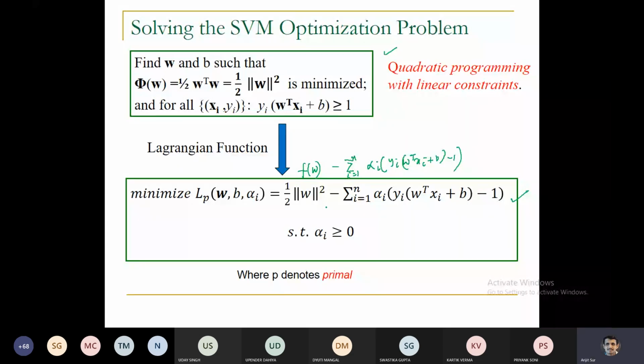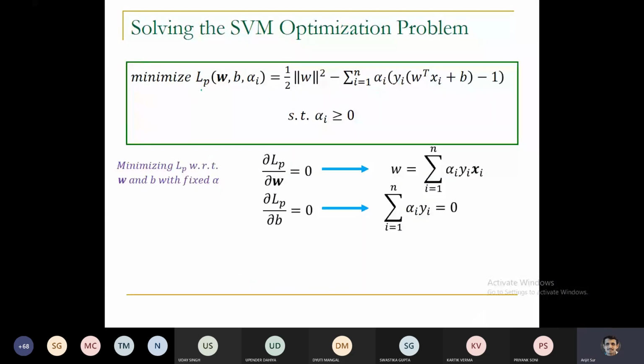Okay. So if you have any question or any doubt, you can ask. Now we minimize L_P(w, b, alpha_i). Minimizing L_P with respect to w and b with a fixed alpha, we take the derivative with respect to w and with respect to b and equate to 0.